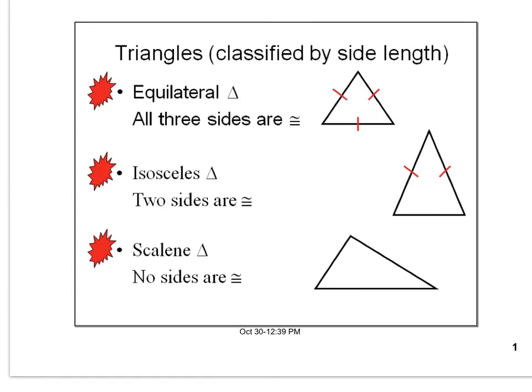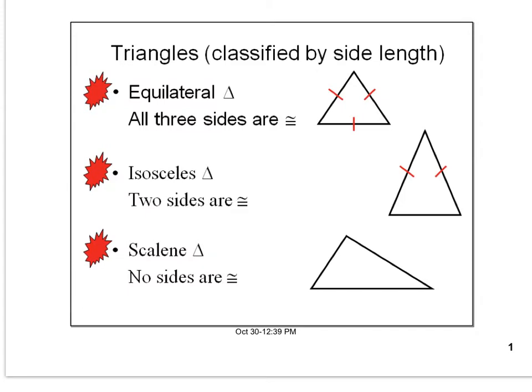We're going to start with triangles can be classified by their side length. When you look at this slide here, side lengths are the sides of the triangles. When you're talking about this side, and this side, let me make that a little bit larger for you.